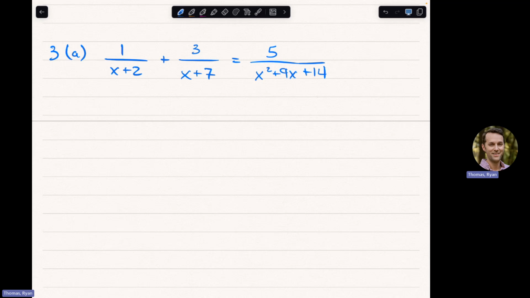Okay, and then once you get everything into terms of x, you can basically just ignore that.